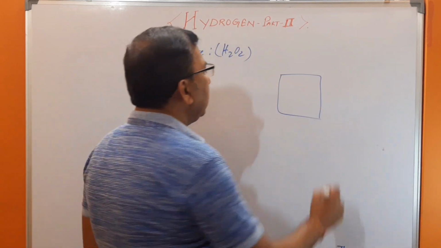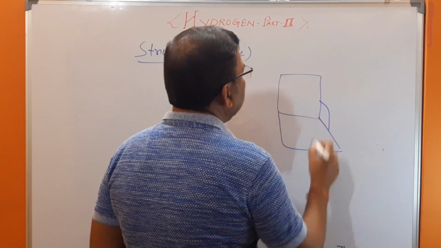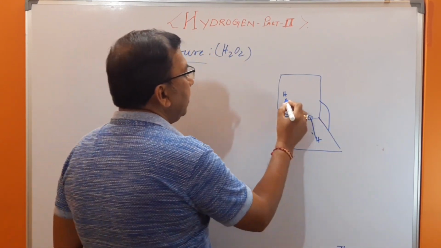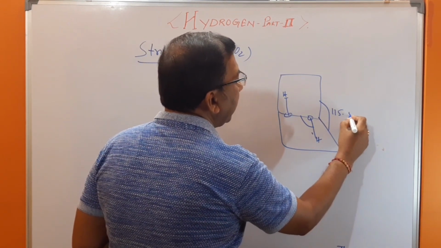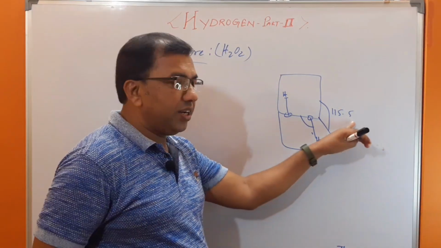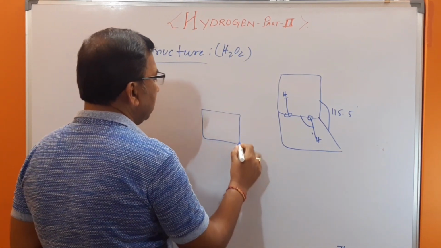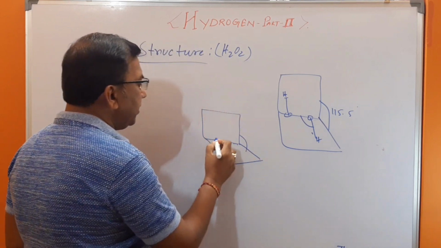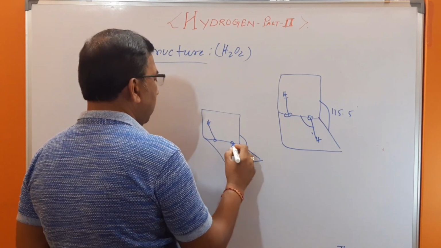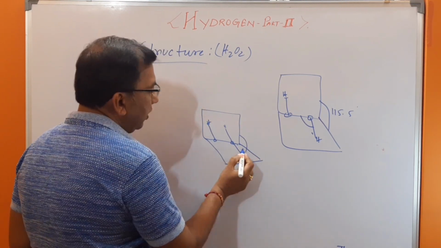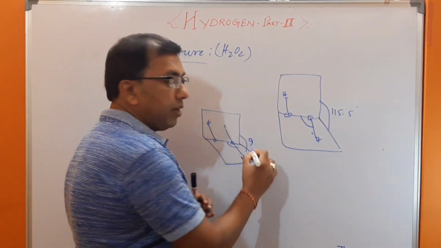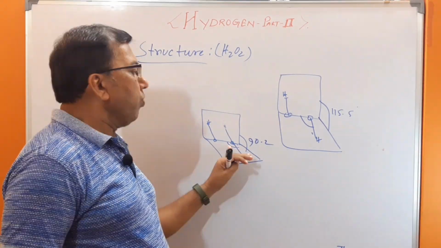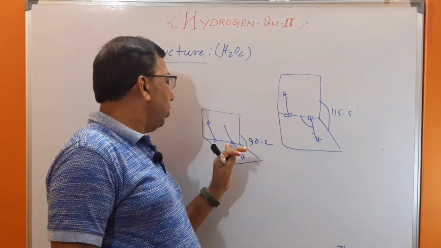Suppose, see the picture here. In the gaseous state, this is the angle, 115.5 degrees. In the solid state, this angle will be 90 point something, and this angle will be 101, or 98 point something.